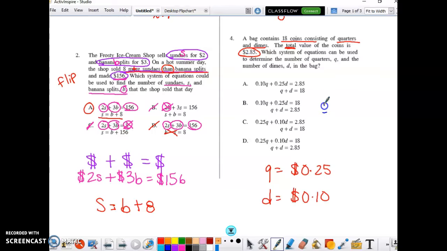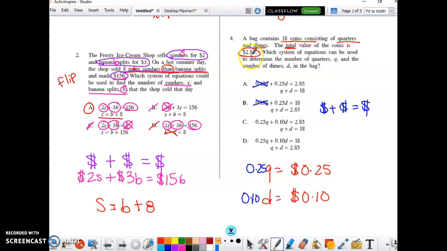So I know that I'm going to have a money equation. So money plus money equals money. Okay? And I know that my quarters are 25 cents, so it's going to have 0.25 in front of it, and my dimes are 10 cents, so it's going to have 0.10 in front of it. So let's look. 10 cents for each quarter? No. 25 cents for each quarter plus 10 cents for each dime equals money.